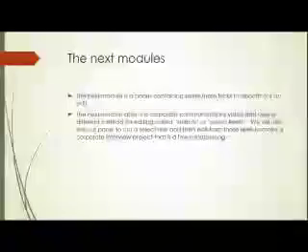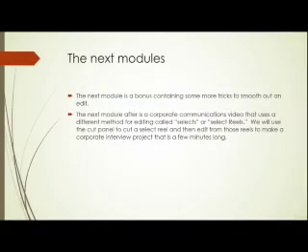So the next module, the immediate next module is a bonus containing some tricks to smooth out an edit. That's obviously been published right now, but the module afterwards is our next big project, and this is a really good one. If you've taken the color grading course, which is my other color grading course, and you don't have to in order to continue, that's absolutely fine. But if you have taken it, you'll recognize the next project as PC01, which is the first real grading project from that course.